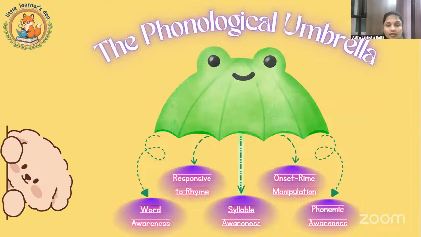Now the umbrella. These are the five main categories of skills to be developed under phonological awareness: word awareness, responsiveness to rhyme, syllable awareness, onset-rime manipulation, and phonemic awareness. It starts with basic sounds, but I have taken phonemic awareness at the end because I want to elaborate on it a bit.